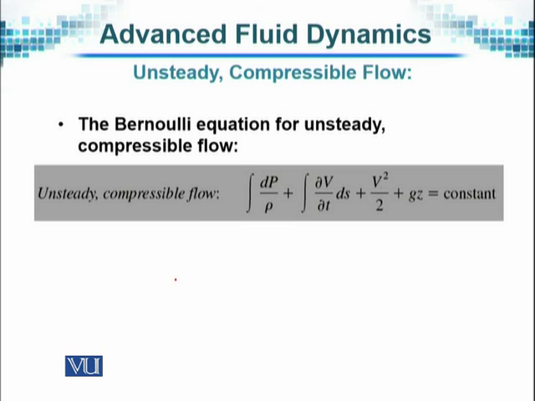For unsteady motion, the velocity will be changing, and only then it becomes unsteady. So therefore, dV by dt into ds plus v squared over 2 plus gz, because gravity acts in the downward direction and the acceleration due to gravity remains the same.